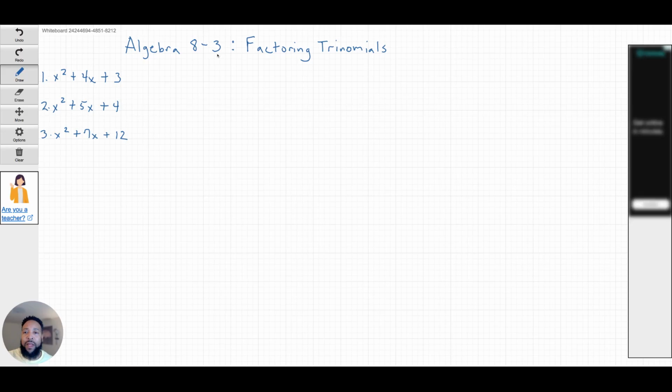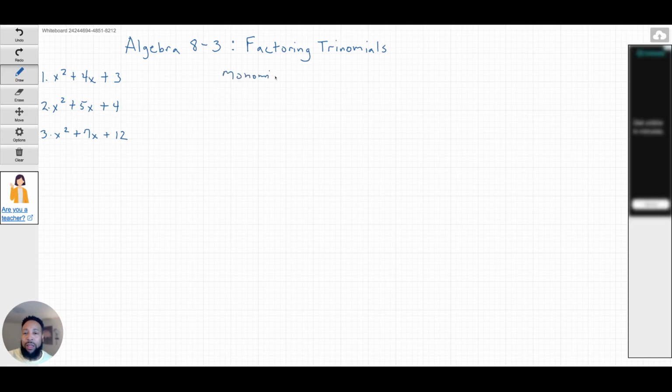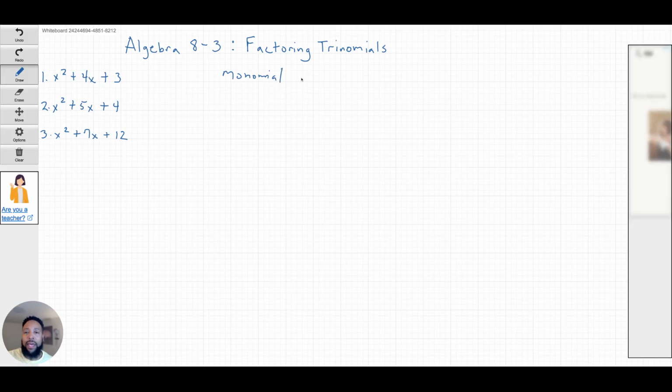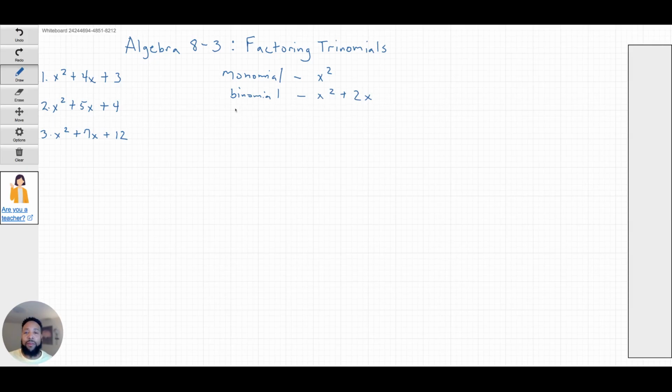So a monomial is basically an algebraic expression by itself, just one. A binomial is an algebraic expression with two terms. This has one term for a monomial, and a binomial has two terms.